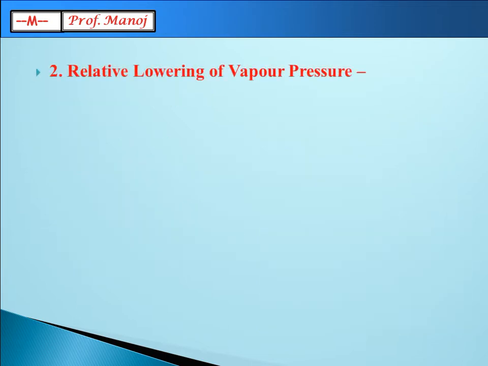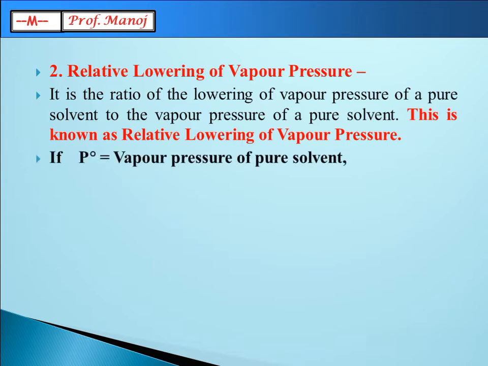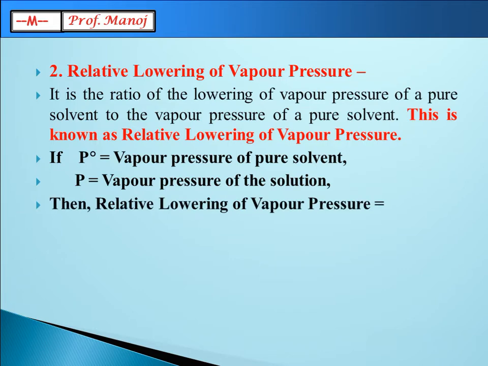We relate this with a colligative property, relative lowering of vapor pressure. Mathematically we will define it, but let us give it in statement. It is the ratio of lowering of vapor pressure of pure solvent to the vapor pressure of pure solvent. Mathematically, if I take P0 as the vapor pressure of pure solvent and P as the vapor pressure of solution, then relative lowering of vapor pressure is given as (P0 minus P) upon P0.